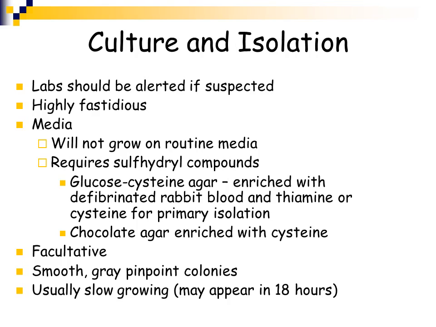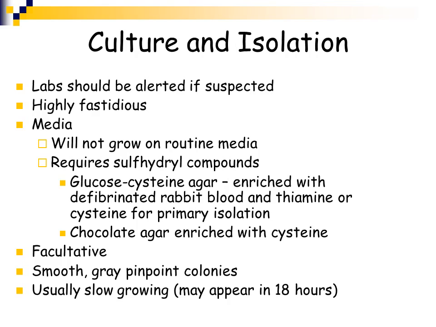So it doesn't grow well on your typical sheep blood agar. It requires sulfhydryl compounds such as glucose cysteine agar or GCA agar. It requires enriched media, defibrinated rabbit blood. It needs thiamine, and chocolate agar that's enriched with cysteine.